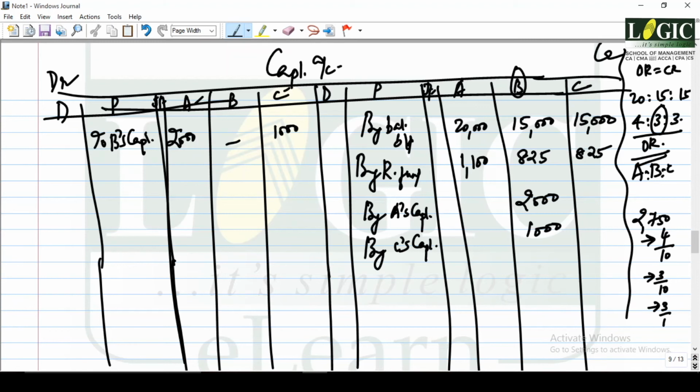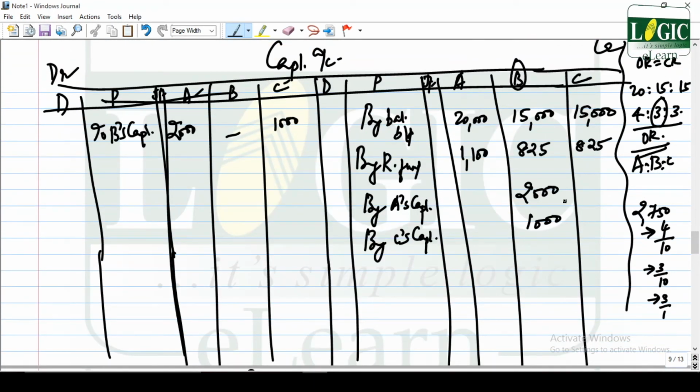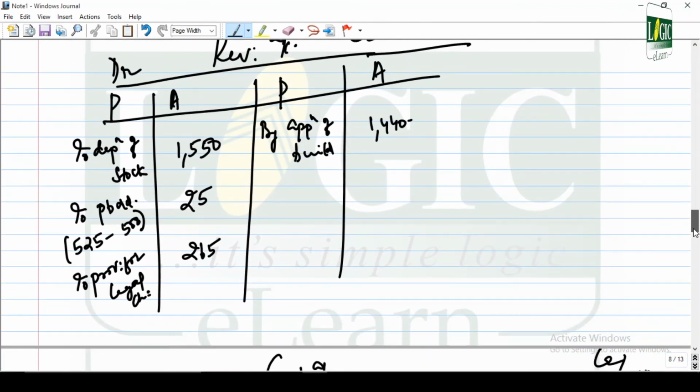Now goodwill we posted at the respective places. It's double entry, it came on both sides of the capital accounts. Now they had asked you for capital adjustment. How to do capital adjustment? Before that you should do this revaluation. Revaluation ended up in loss. So how much is the loss? 1,440 is there on the credit side.